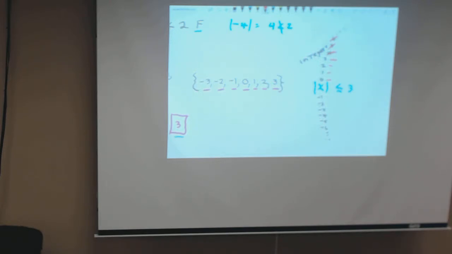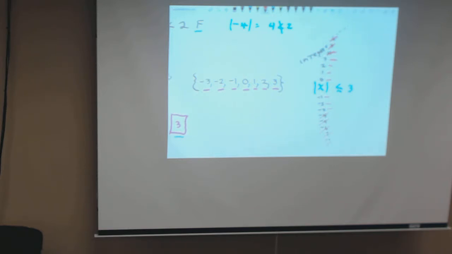Is the absolute value of -1 less than or equal to 3? What's the magnitude of -1? 1. Is that less than or equal to 3? Yes. Does -2 work? Does -3 work? But -4, -5, -6, and the rest of them don't. You follow what's going on?